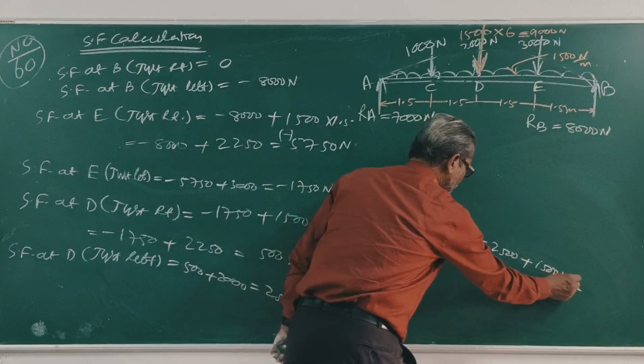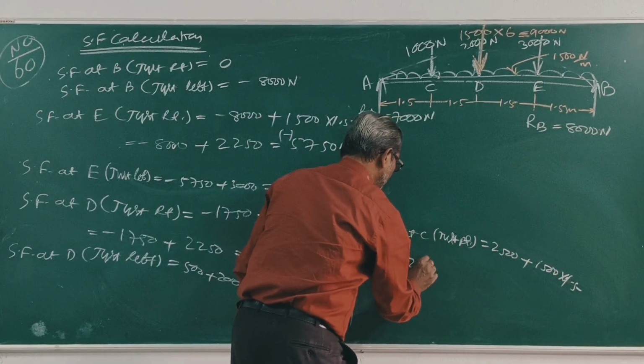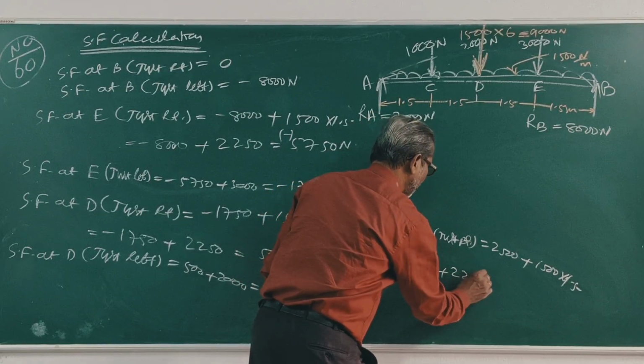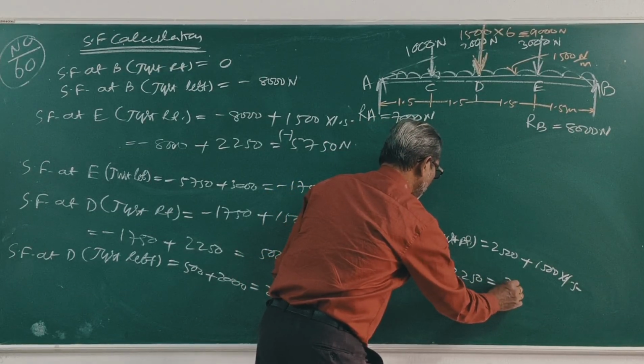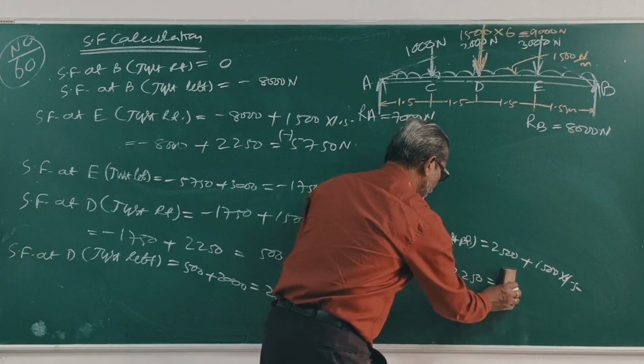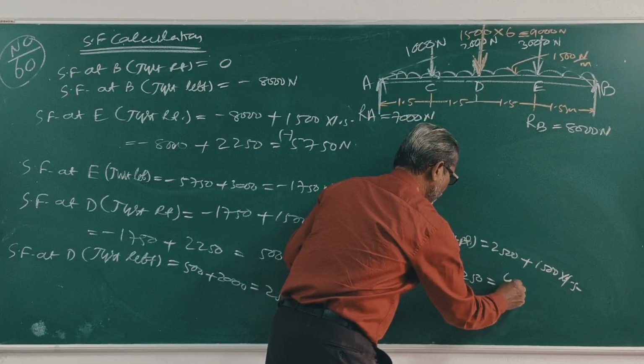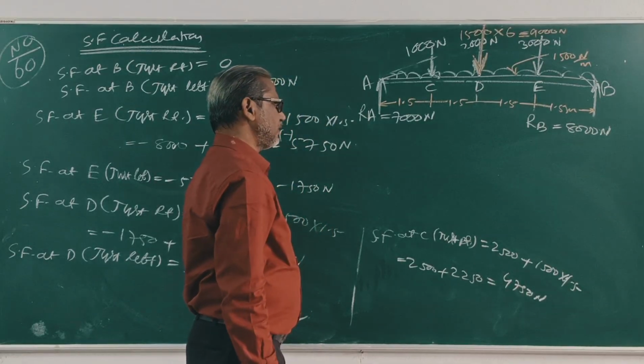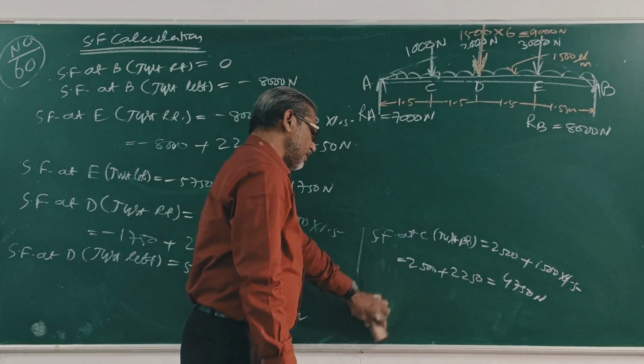This is equal to 2500 plus 2250, 4750. 4750 Newton, shear just right. Then C left.